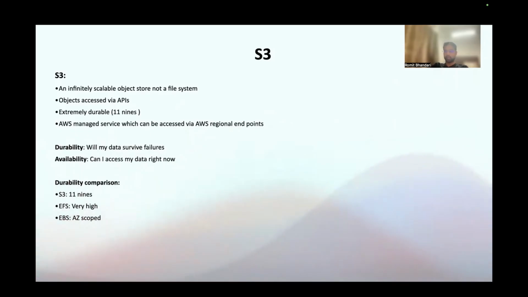Durability is: whatever happens, will my data survive failures. In comparison, if you talk about durability, S3 is 11 nines, EFS is very high, EBS is availability zone scoped. So if the availability zone is available, EBS is available. EFS we are saying very high, but S3 is definitely 11 nines.